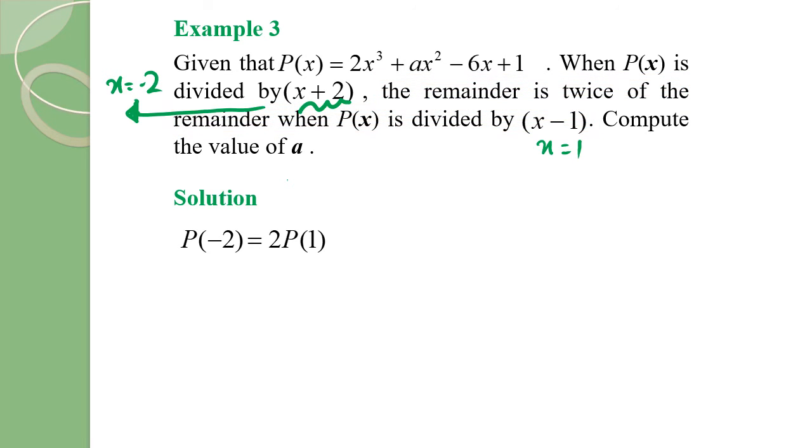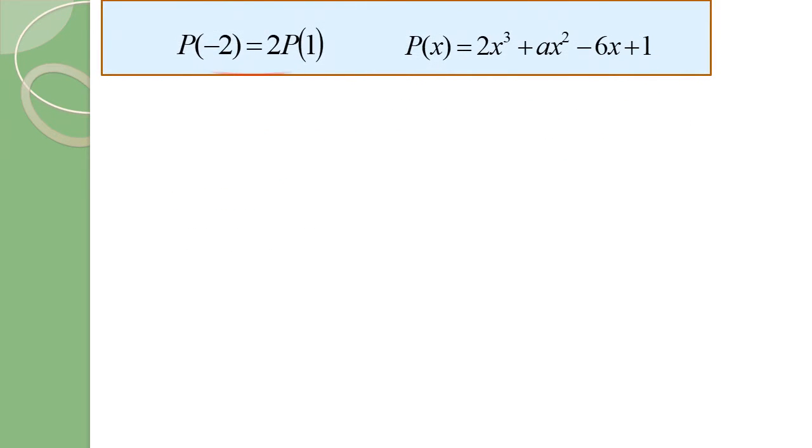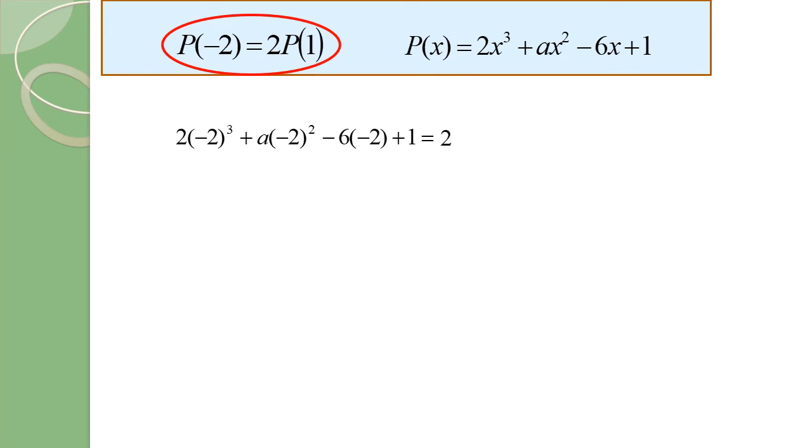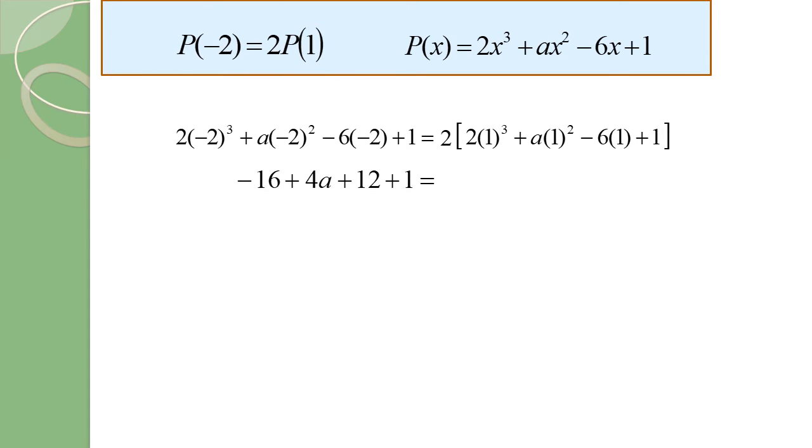So we have 2 multiplied by negative 2 cubed plus a times negative 2 squared minus 6 multiplied by negative 2 plus 1, and 2 times of 2 multiplied by 1 cubed plus a times 1 squared minus 6 times 1 plus 1. Okay, so what do we have on the left side? The constant we have is negative 8 multiplied by 2 is negative 16, plus 4a, plus 12, plus 1.